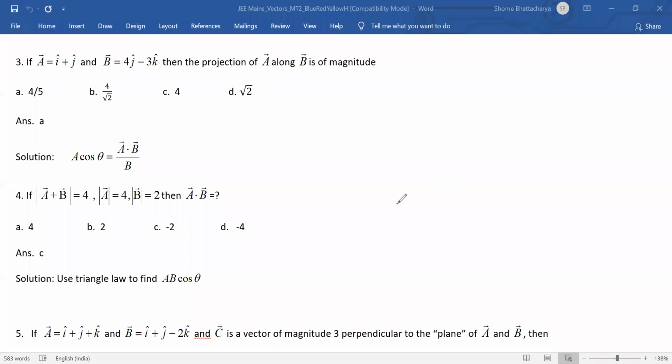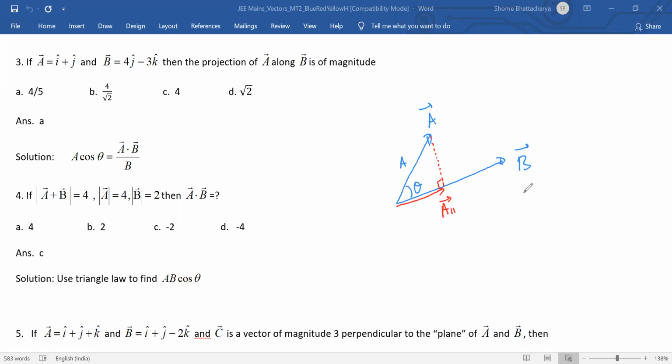So if this is a vector B and suppose this is a vector A and the angle between them is some theta, and this is of magnitude A. What we mean by the projection of A along B is drop this perpendicular and this is the parallel component.